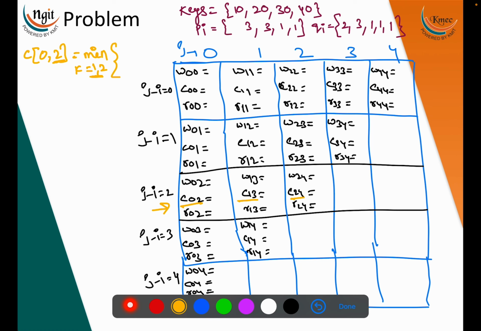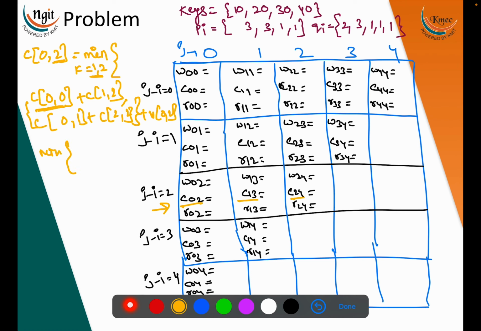When my k value is 1, your formula is C0,0 plus C1,2. For k value 2, it is C0,1 plus C2,2. Now, W0,2. So you should know which among it is minimum. Now, again, minimum of what?